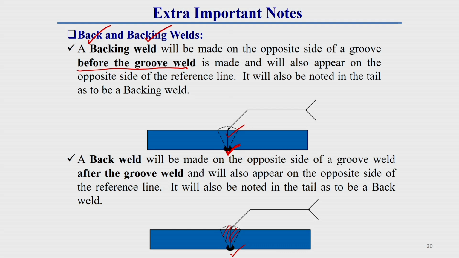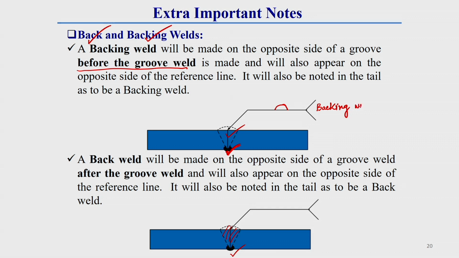Now, how to represent this backing weld and back weld in a weld symbol, that also we should know. Generally, backing weld and back weld are represented on the other side of the arrow. The backing weld symbol looks like this, and in the reference line we have to write whether it is backing or back weld.